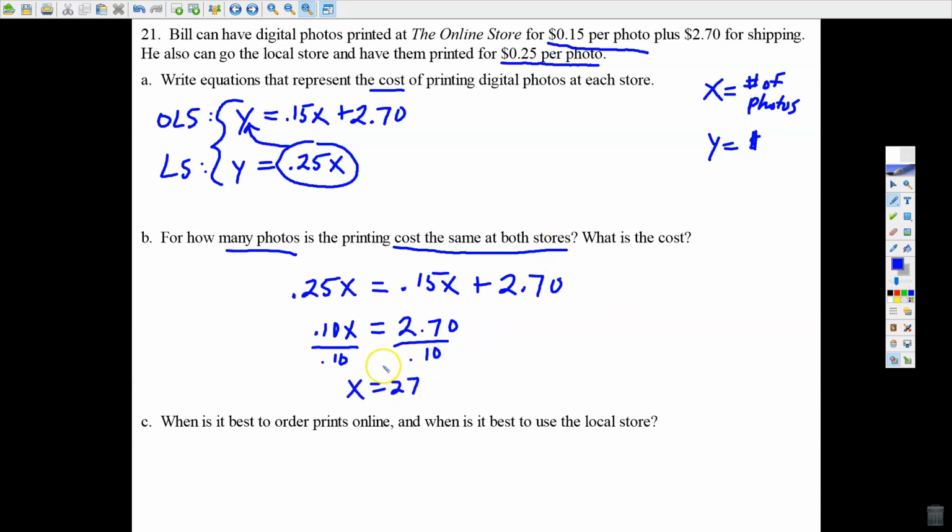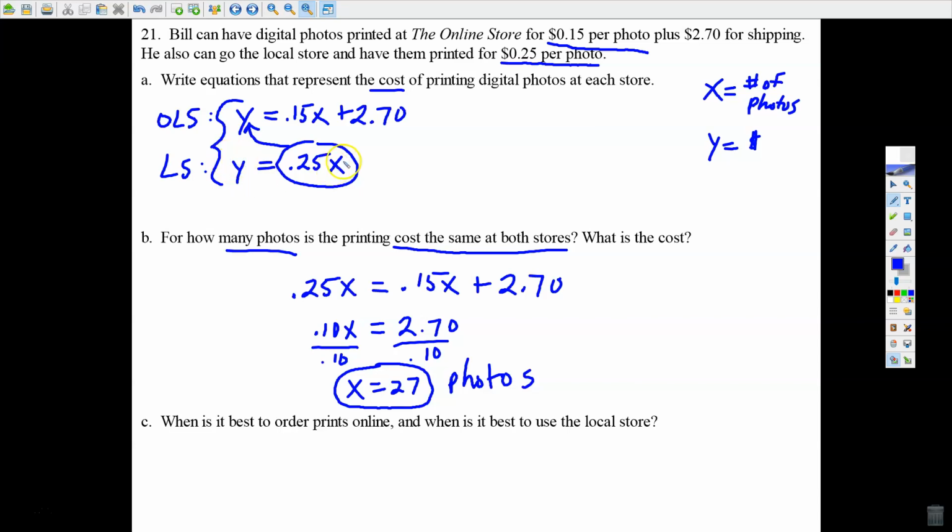So the bottom line for this is if I have 27 photos that I have to print, it really doesn't matter which one of these I go to have them printed. Either one, for 27 photos, they're both going to charge me the same amount. Now, I didn't solve for the amount. That's what y is.